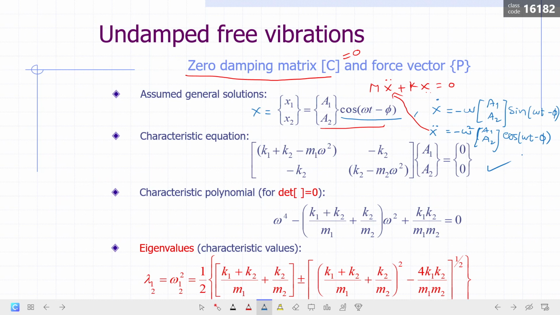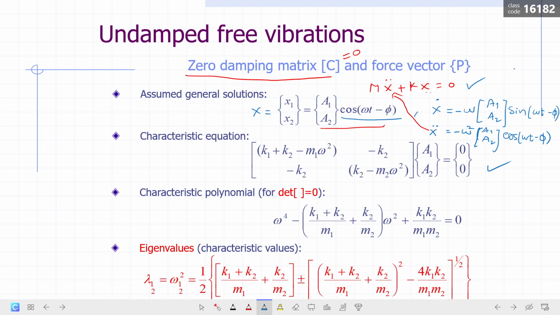If you have a square matrix times vector a1 a2 equal to 0, if one person says a1 equal to 0, a2 equal to 0, that's not an interesting solution. Of course, if h equal to 0, it must satisfy this equation, but that's not vibration, right? H equal to 0 is just stay there. The interesting solution is, what are the values of a1 and a2 which are not 0 and satisfy this equation?